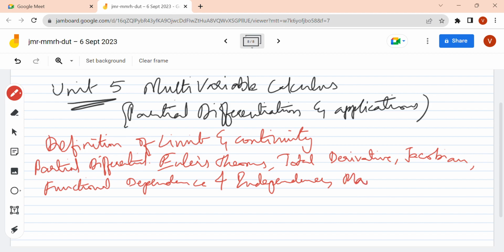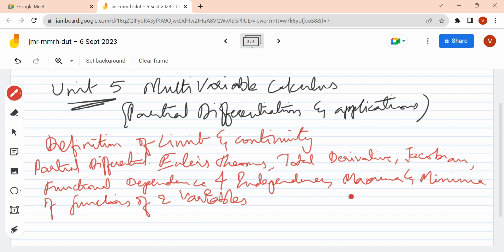Then you have maxima and minima, which is very important, of functions of two variables, and three variables, using method of Lagrange multipliers.